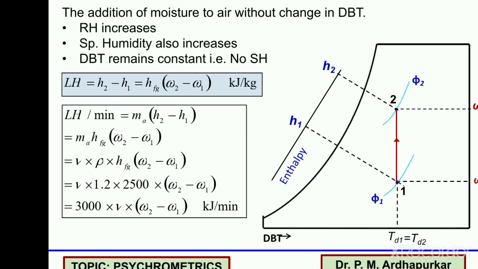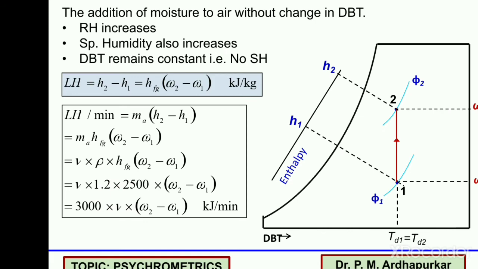You know, the mass density is 1.2 for the air and HFG is 2500. That constant would get as 3000 multiplied by volume flow rate multiplied by W2 minus W1 kilojoule per minute.